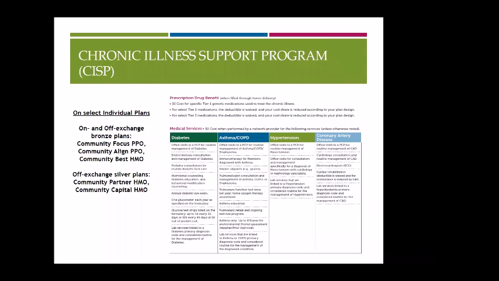Medical services is 0 cost when performed by an in-network provider for the following services. So you can see these under diabetes, asthma, hypertension, and coronary artery disease. I won't read them, but those services are reduced to $0 unless that is otherwise noted.